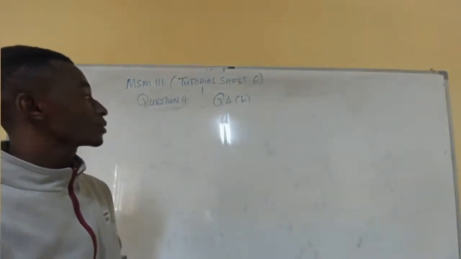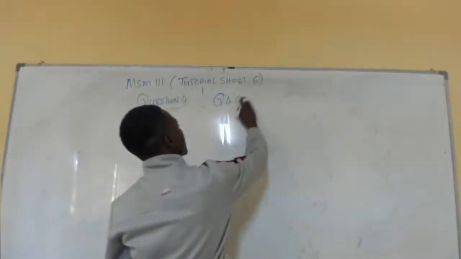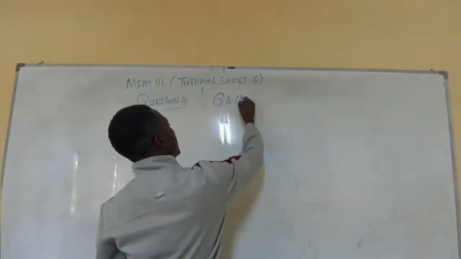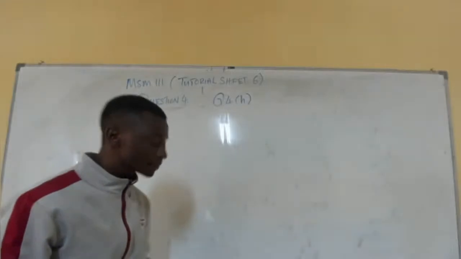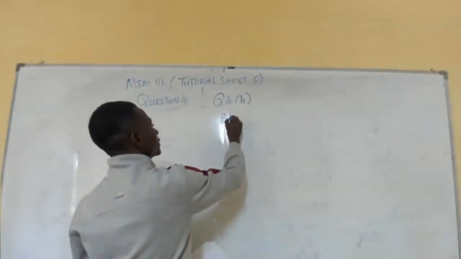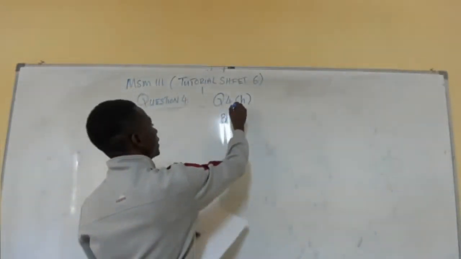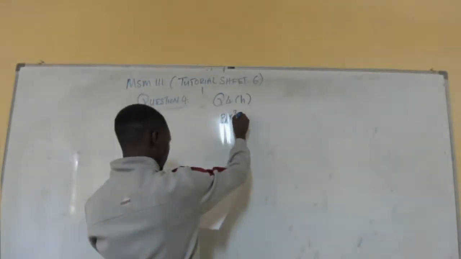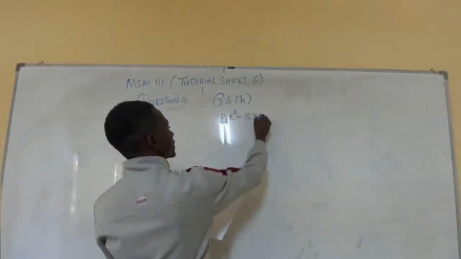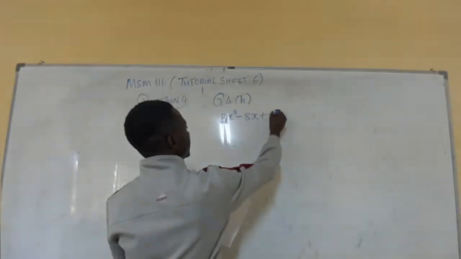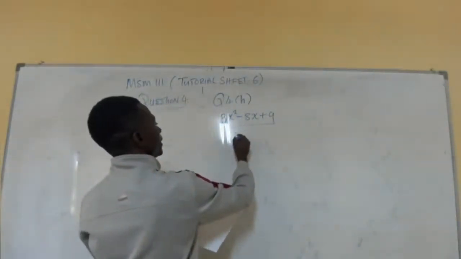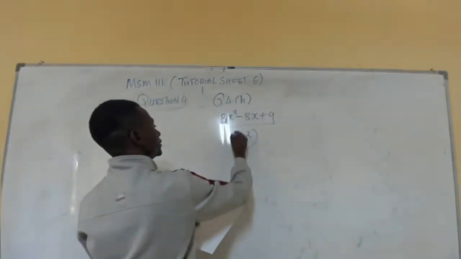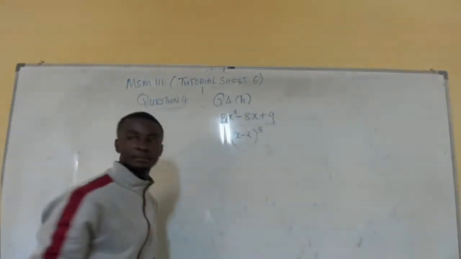Let's do question 4h. We have 3x squared minus 8x plus 9 over x minus 2 to the power 3.